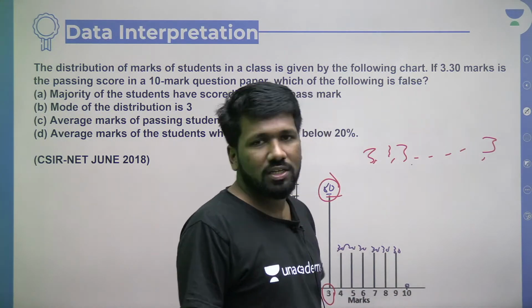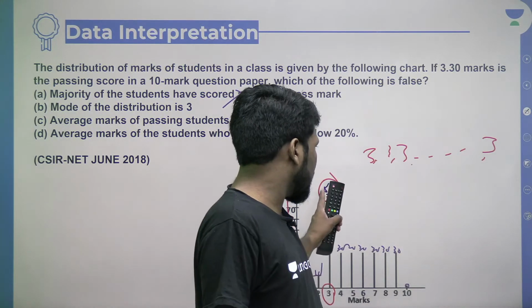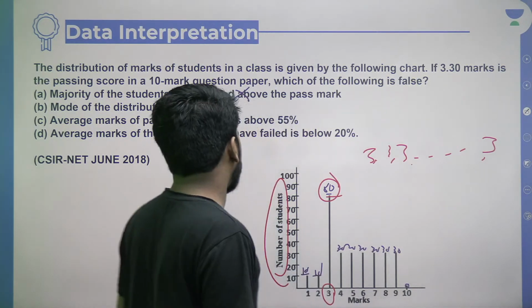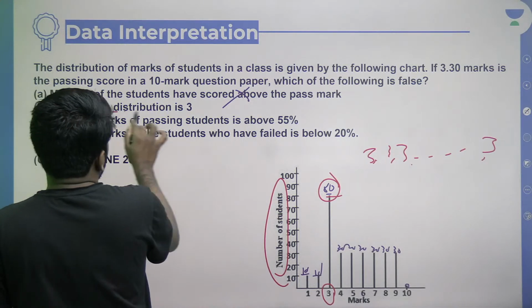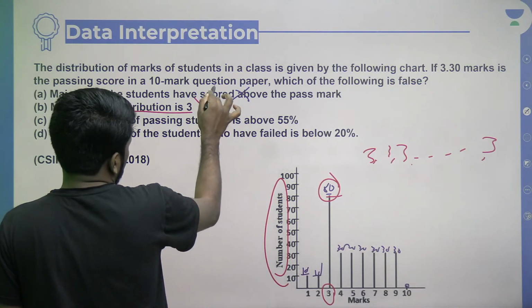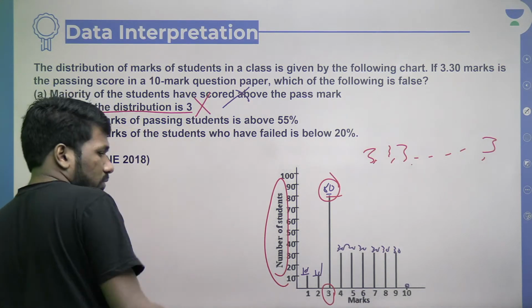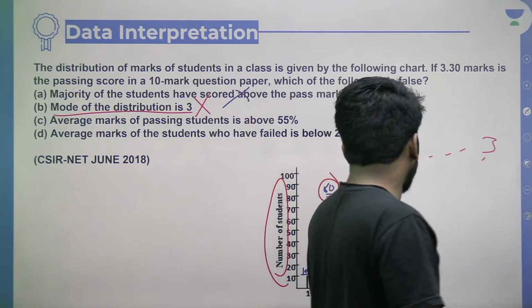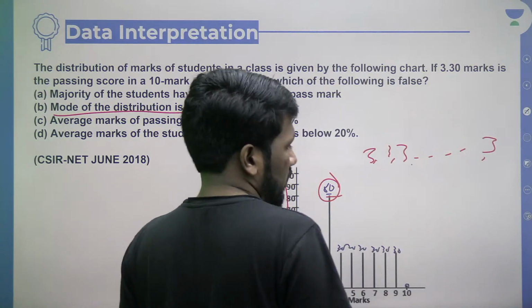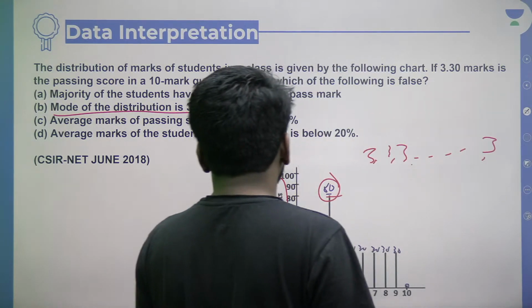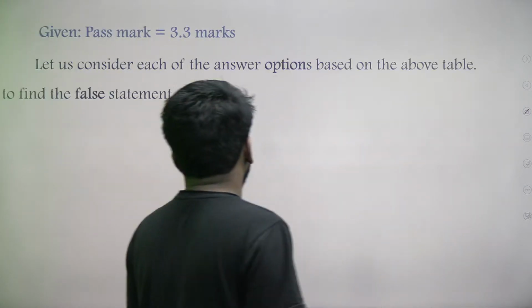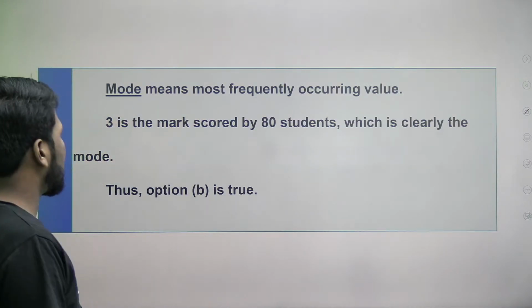If you are the teacher in that class, you need to write the number 3 itself 80 times. So clearly the mode, or maximum occurring observation, is 3. So this is a correct statement. We don't want a correct statement, so it is eliminated. We need a false statement. Is this clear, all of you? Option B is also true and so not the answer.